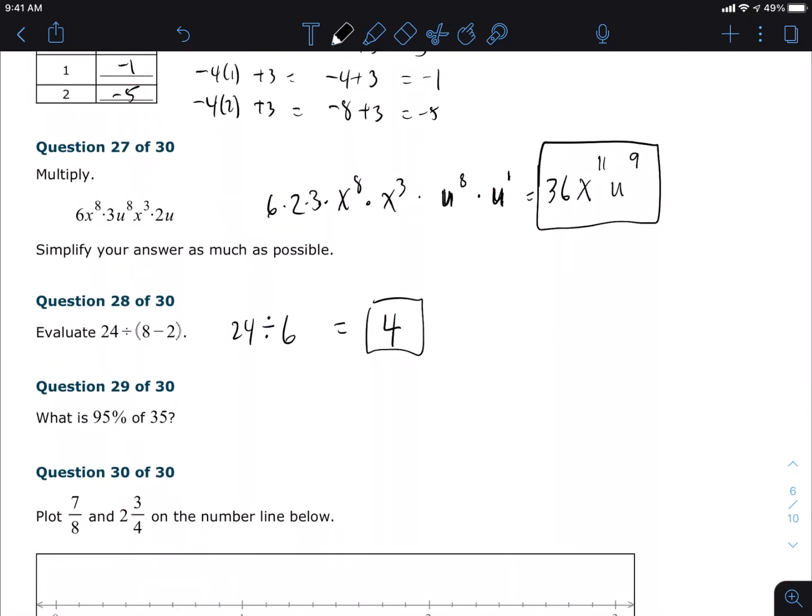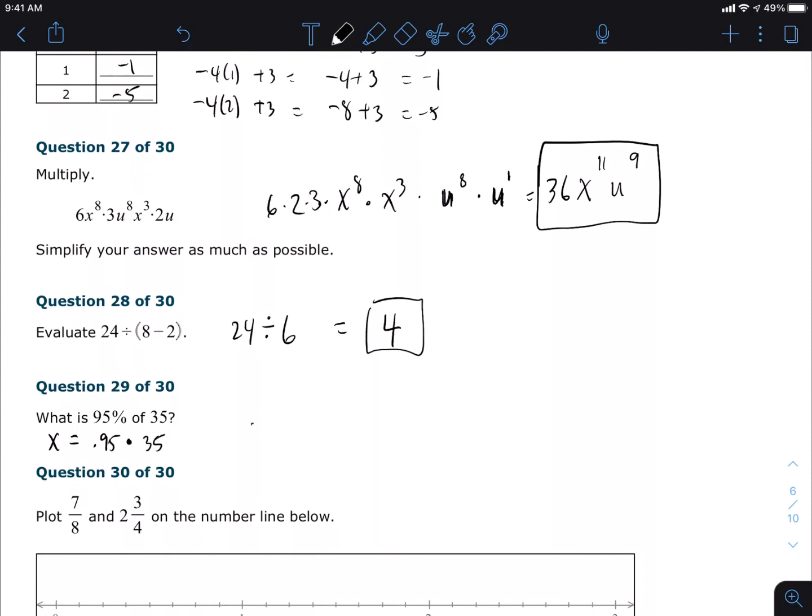So x is equal, 95% is 0.95, of means what? Do you remember? It means to multiply 35.